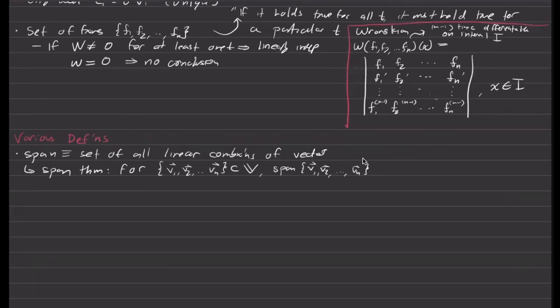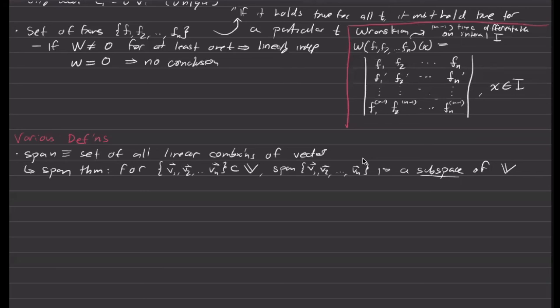Well, it is a subset too, but it's a subspace of V. The importance of subspace is that it has closure and the zero vector exists.